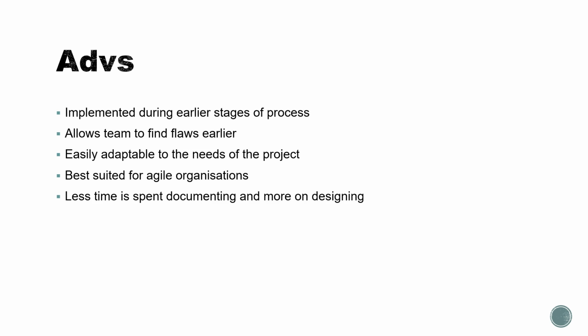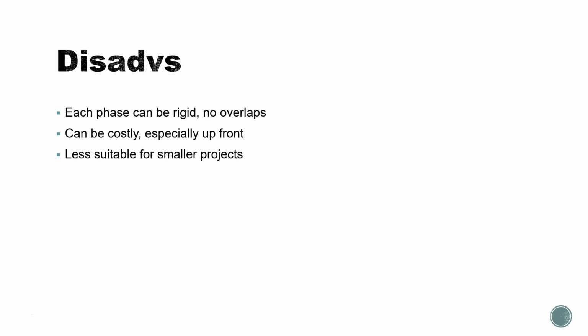But ultimately, you do have to be a little bit careful with it, because of the way that this is built. Disadvantages: each phase can be rigid with no overlaps.